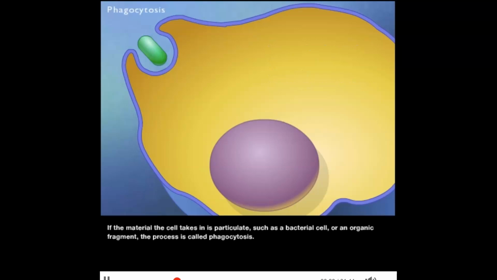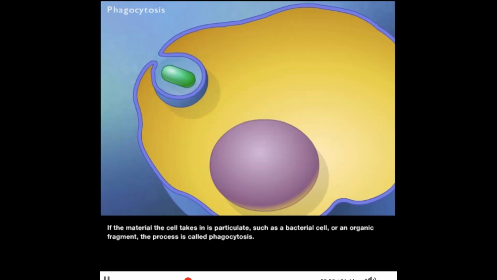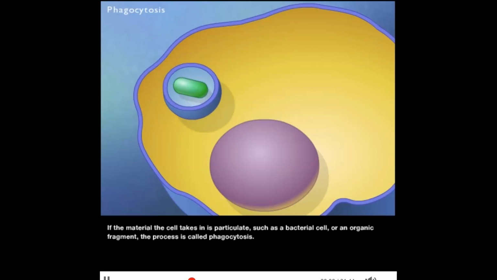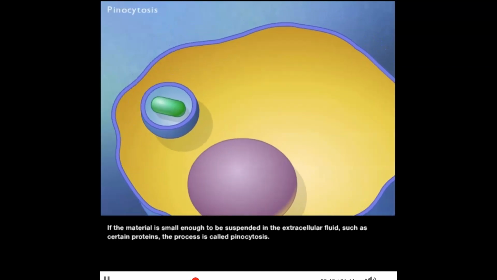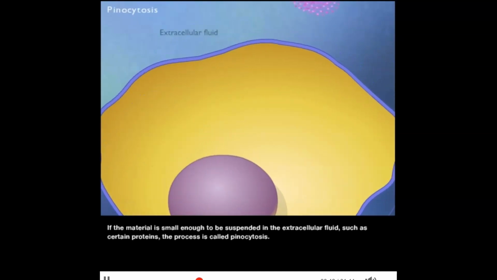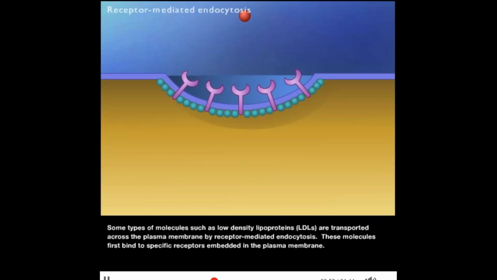If the material the cell takes in is particulate, such as a bacterial cell, or an organic fragment, the process is called phagocytosis. If the material is small enough to be suspended in the extracellular fluid, such as certain proteins, the process is called pinocytosis. Some types of molecules, such as low-density lipoproteins, LDLs, are transported across the plasma membrane by receptor-mediated endocytosis.